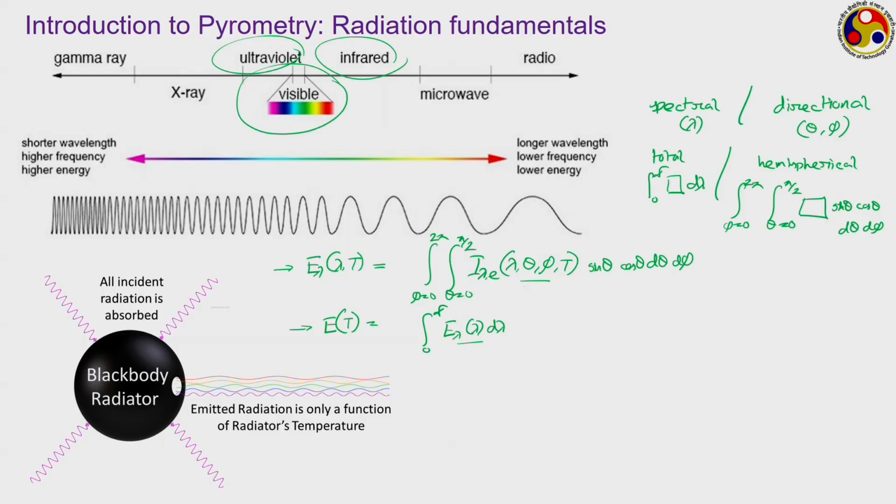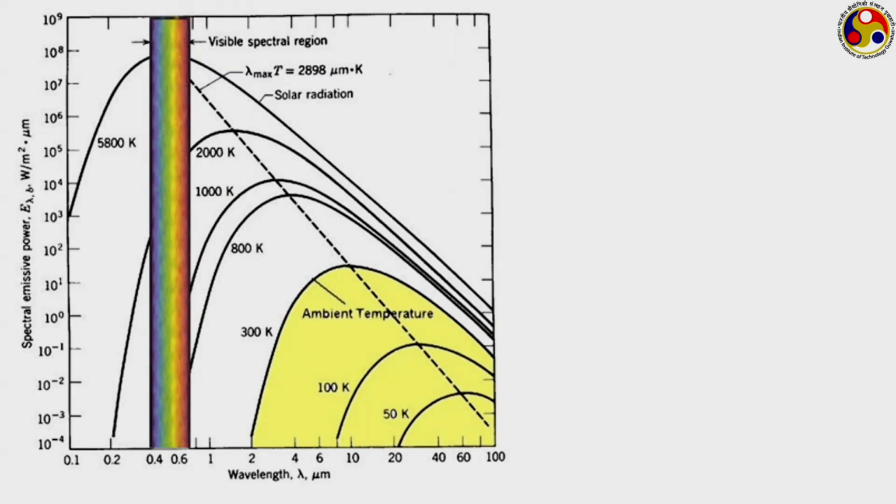When you are talking about a black body, that is for a given temperature, that is the maximum emission that we can get from this particular surface, but the emissive power keeps on varying with the temperature of the surface. If we plot that, then we are going to get a curve like this, where we have the wavelength lambda on one side and spectral emissive power or E lambda b, that I just talked about, on the other side.